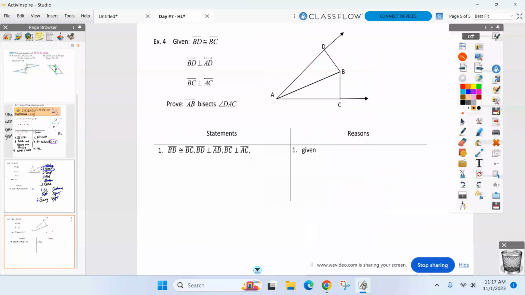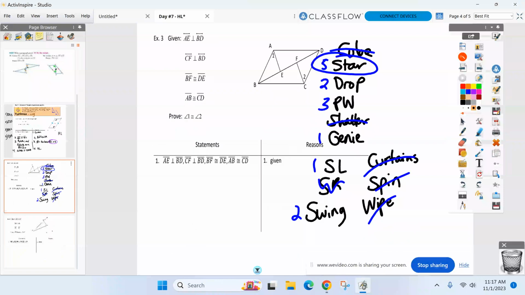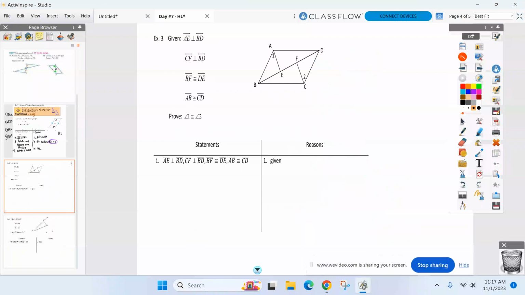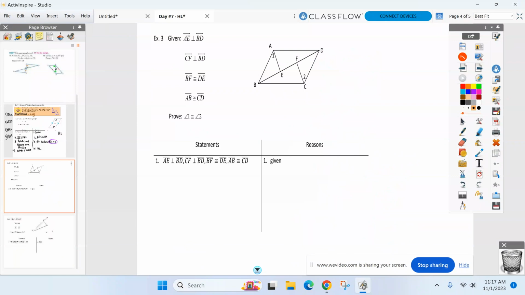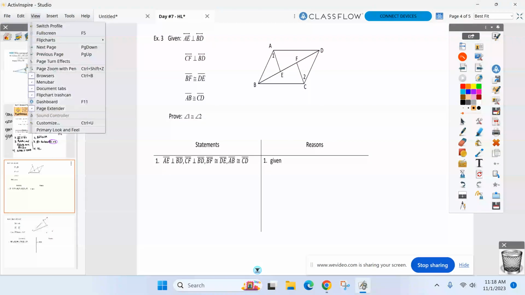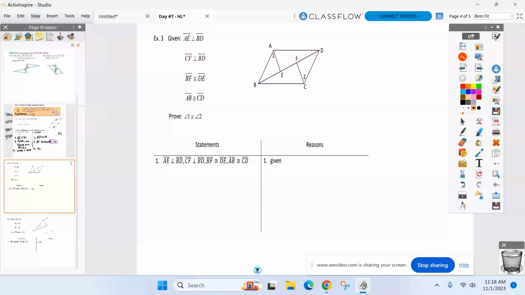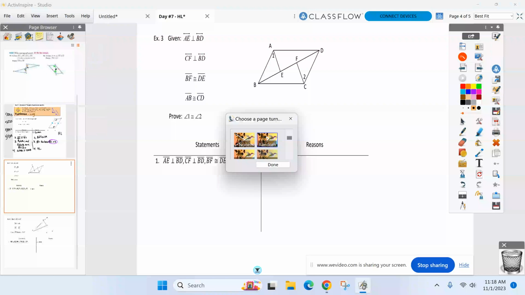Oh, the drop. The drop. The two people for the drop. Okay, clock real quick. I got to remember how to do this. Page turn effects. Yep. Because right now I have it on random, right? Where's clock?